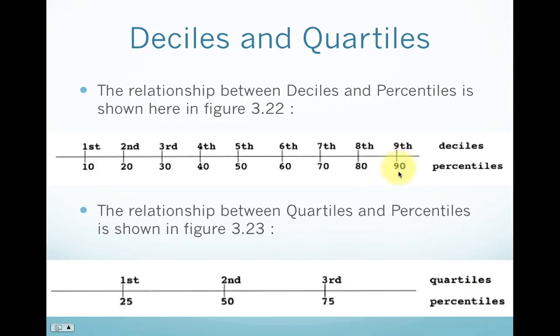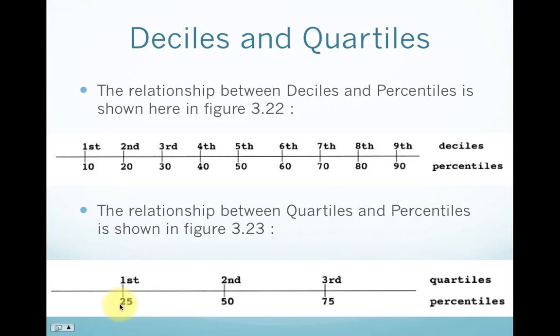If there is a data value that is at the 90th percentile, it means that 90% of the other data values fall below it, and only 10% fall above it. If a data value is at the 30th percentile, or the third decile, it means that only 30% of the data values fall below it, and 70% fall above it.